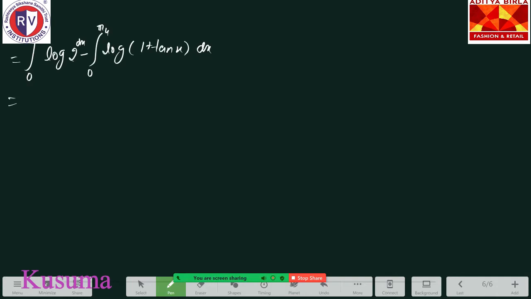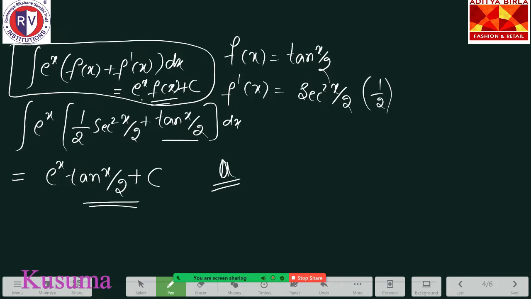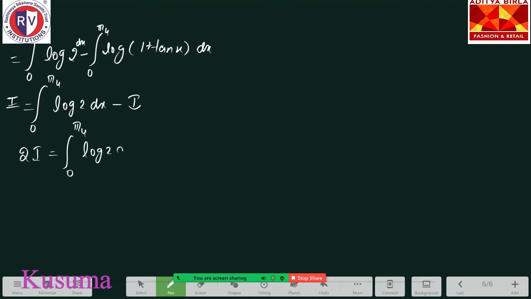See here, what is integration of log of (1 plus tan x) dx? It is nothing but our question. That is our question, so that can be written as I. So this is nothing but integration from 0 to pi by 4 of log 2 dx minus I. So we had I equal to this much. Let me take this I to the LHS. We will get 2I equal to integration from 0 to pi by 4 of log 2 into dx.